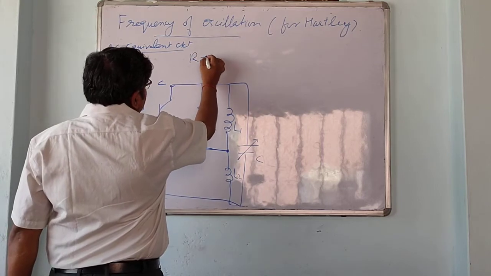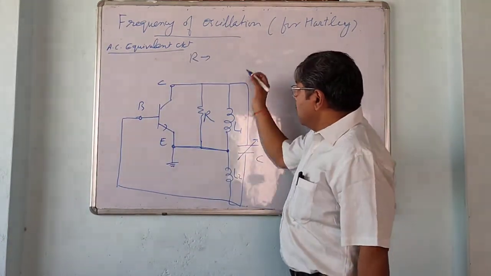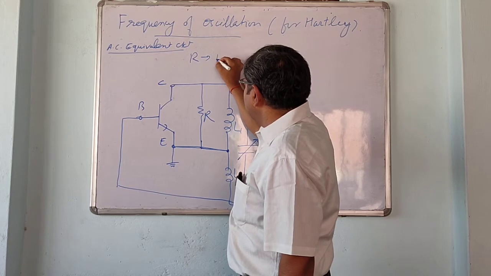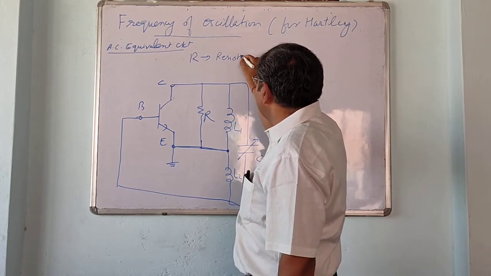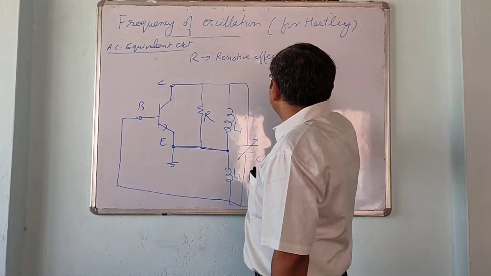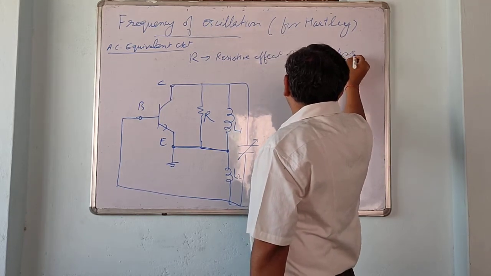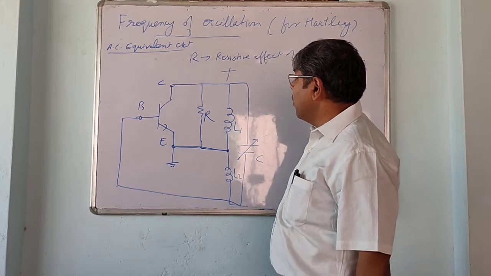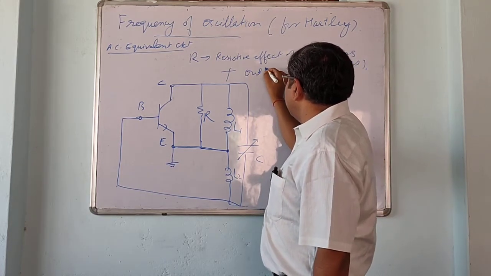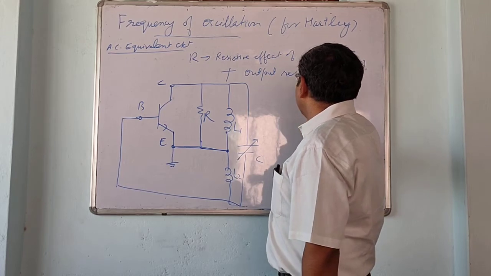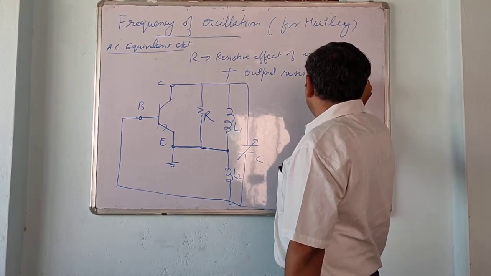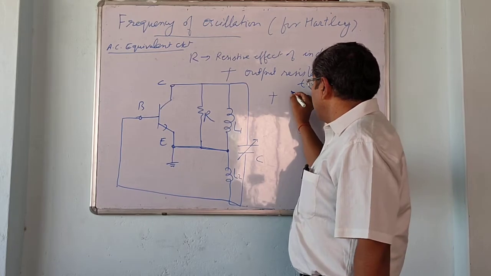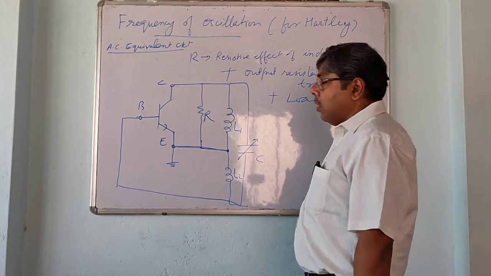And what is R here? Actually this is a combination of three resistances: the resistive effect or losses of the inductors, plus the output resistance of the transistor, plus the load.